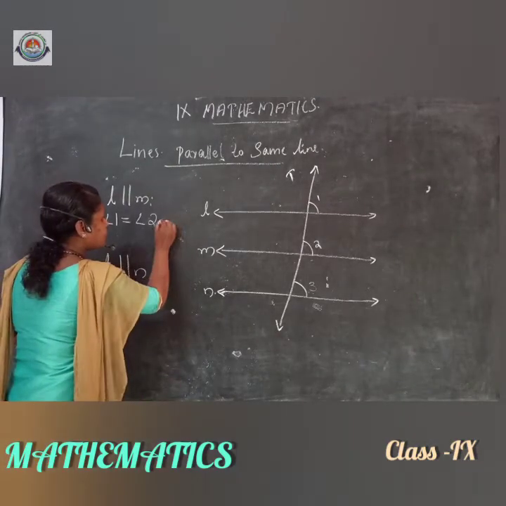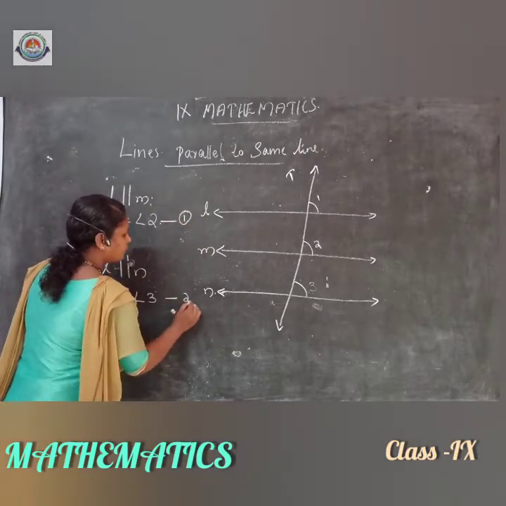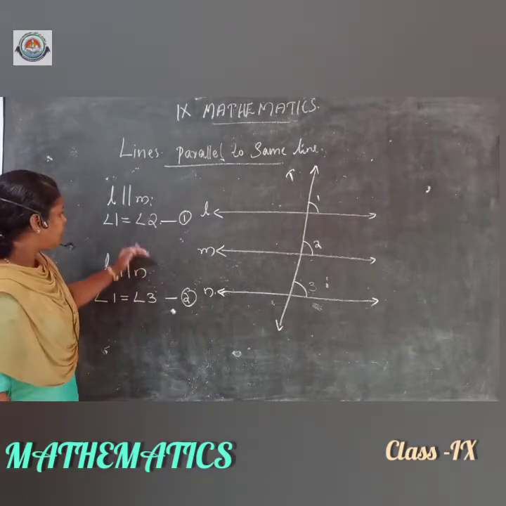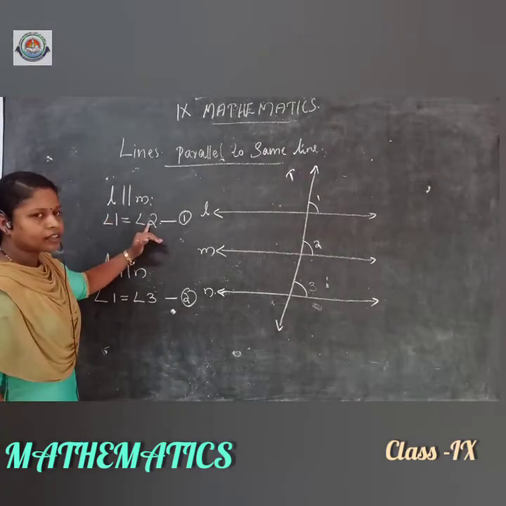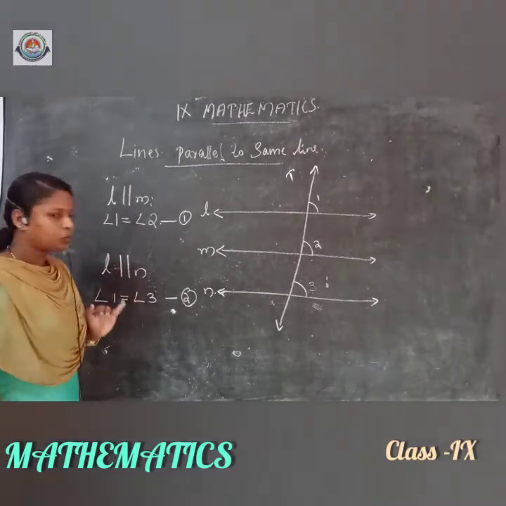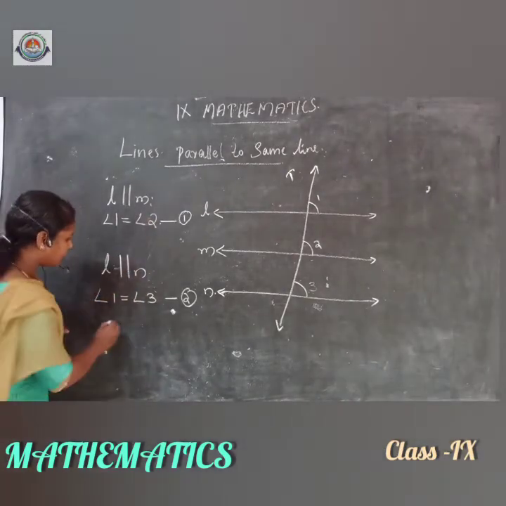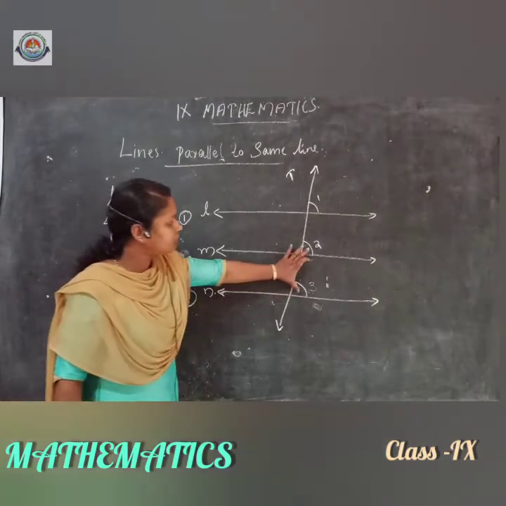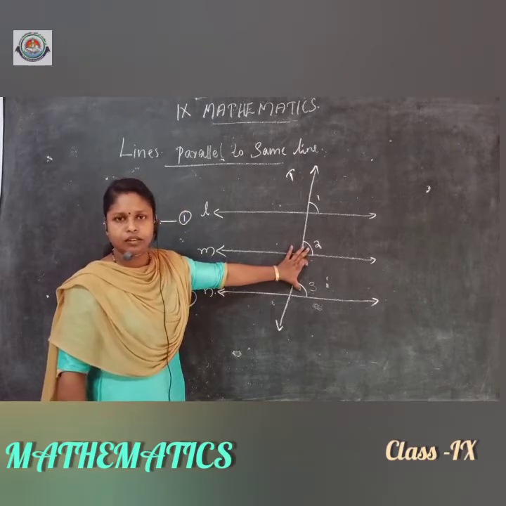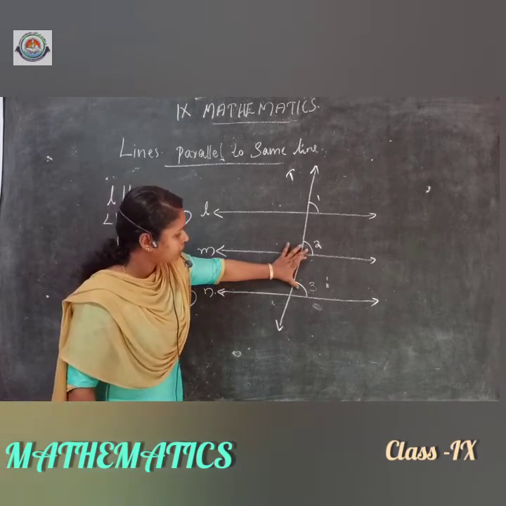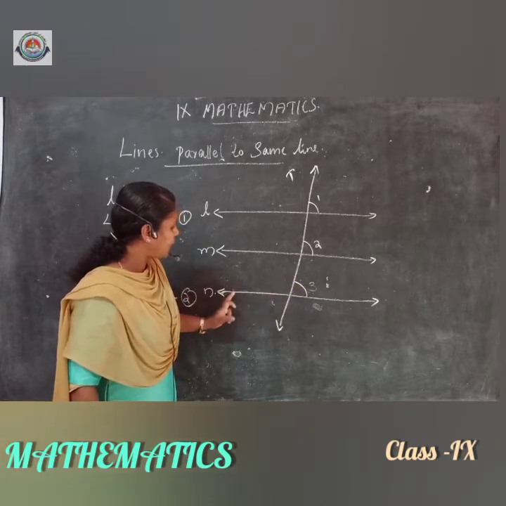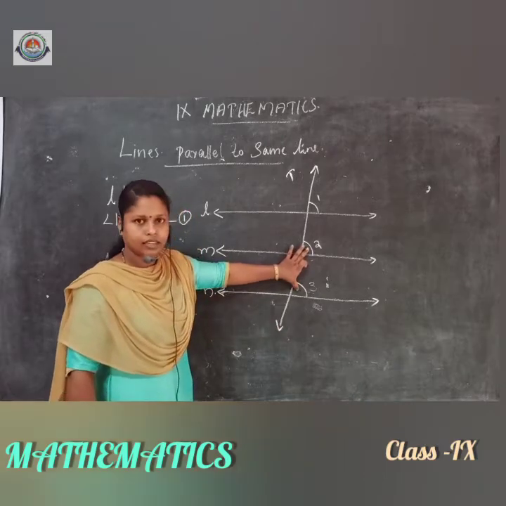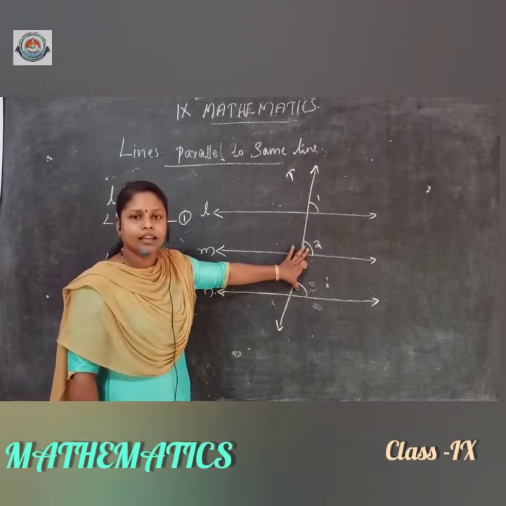So from equations 1 and 2, what can we say? Angle 1 equals angle 2 and angle 1 equals angle 3. So angle 2 equals angle 3. If you take lines M and N with T as the transversal, angle 2 and angle 3 are corresponding angles.